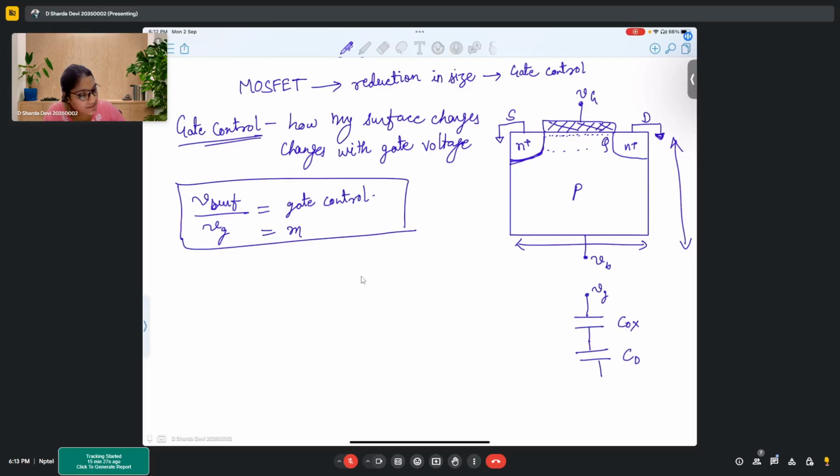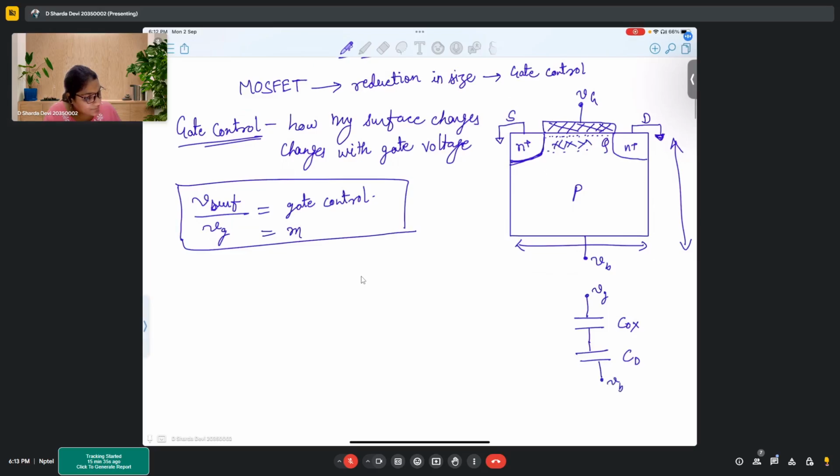This depletion region leads to CD, and then we have VB. Between Cox and CD, we have V surface. This is the simplest way to represent this cross section.